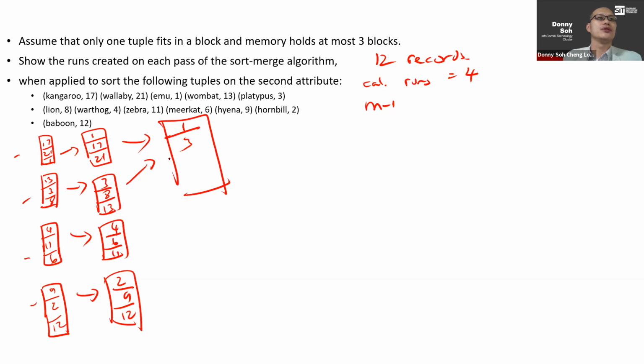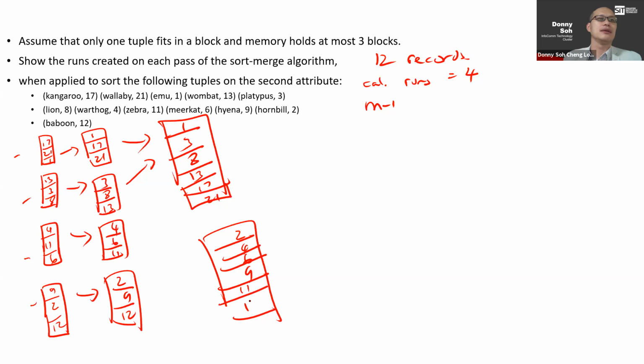So we get 1, 3, 8, 13, 17, 21, and 2, 4, 6, 9, 11, 12.